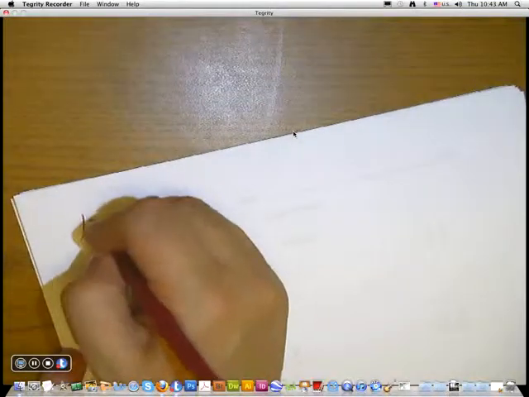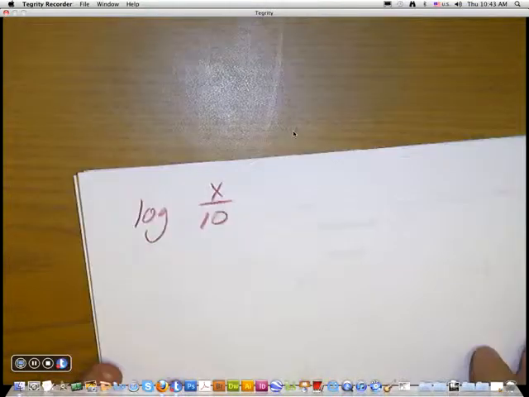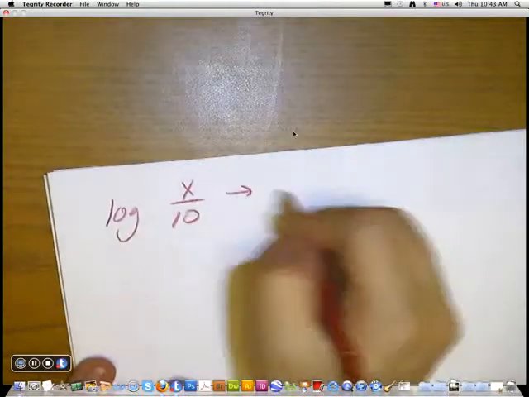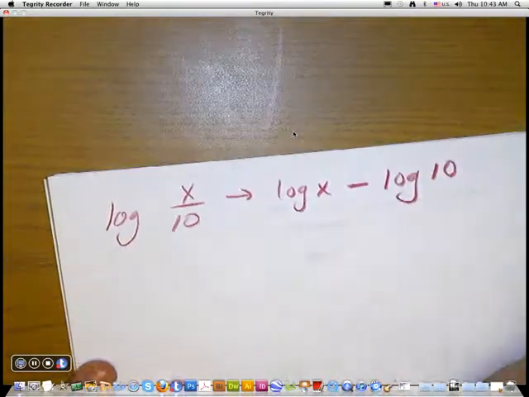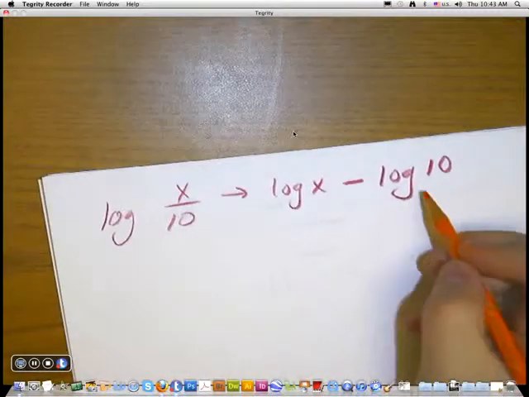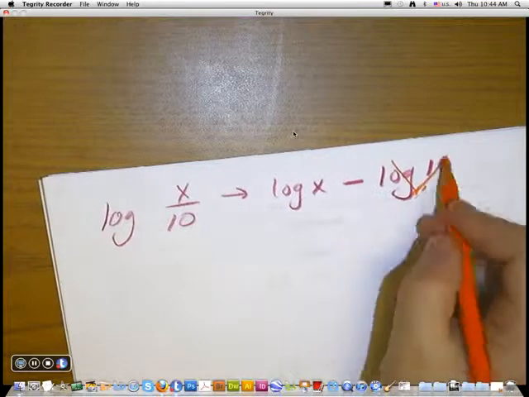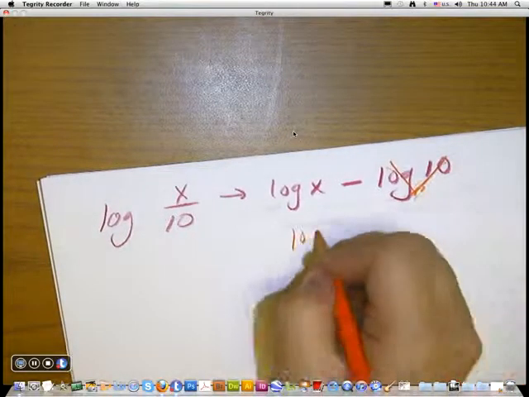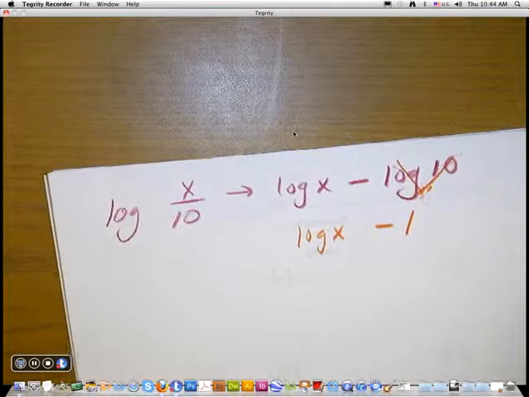Alright, the next thing you need to be aware of is if things simplify. For example, if I have log x over 10, this becomes log x minus log 10. That is true, that is correct. However, this is already in base 10, therefore base and base kind of cancel each other, so it becomes minus 1.